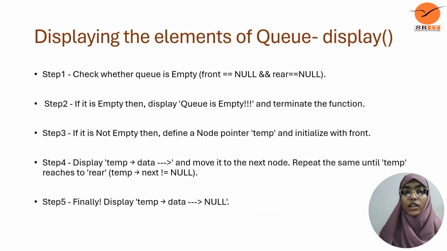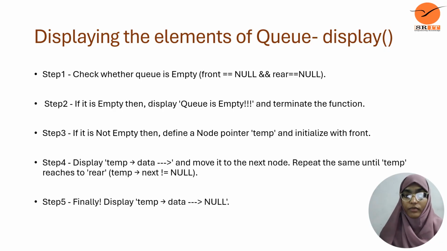Now let us see displaying the elements of a queue, which is the display function. For this, step 1 is to check whether the queue is empty, because if we need to display something, then there should be some elements in the queue. Front equals null and rear equals null is the condition for the queue being empty. If the queue is empty, then display that the queue is empty.